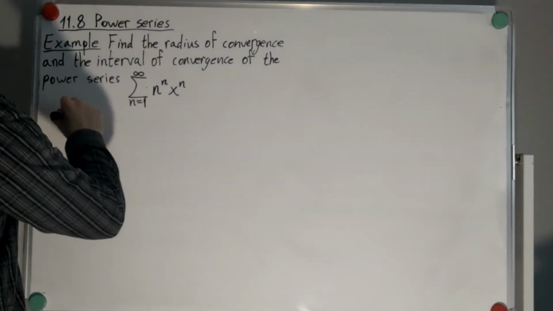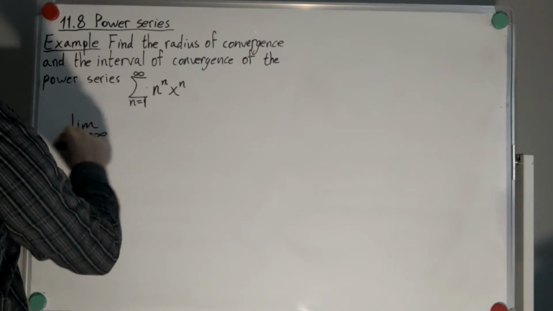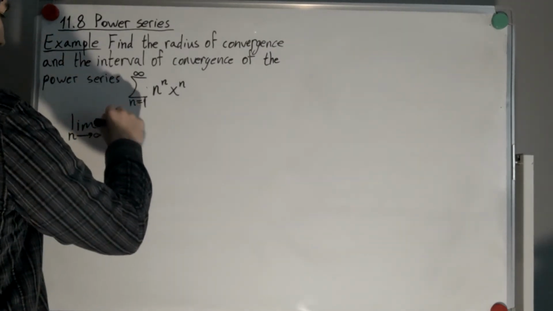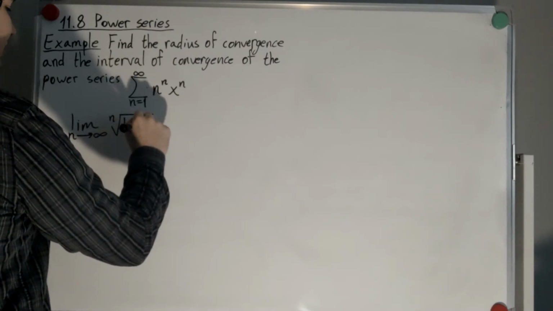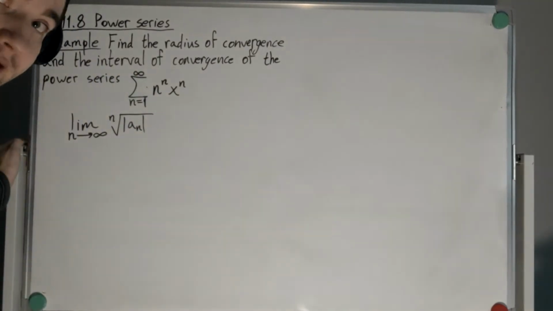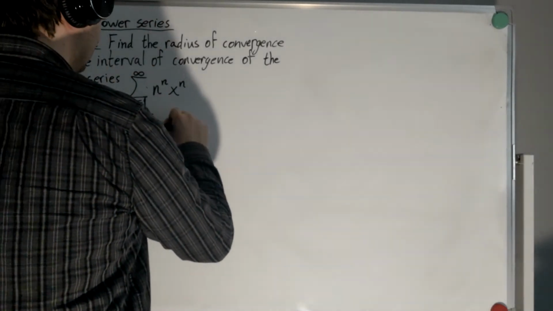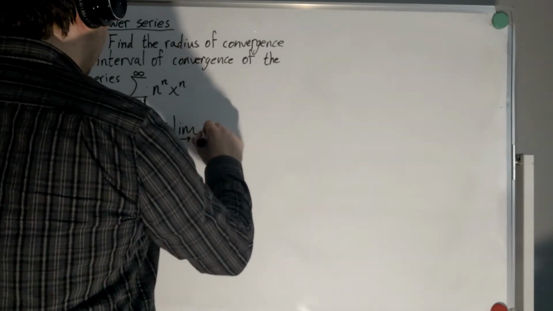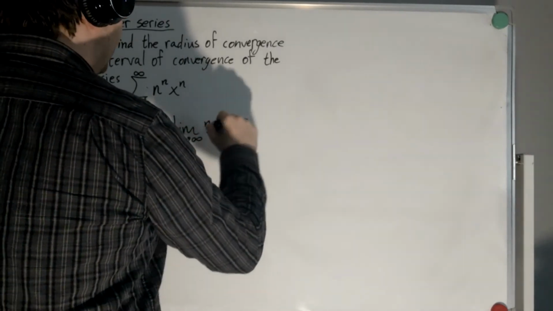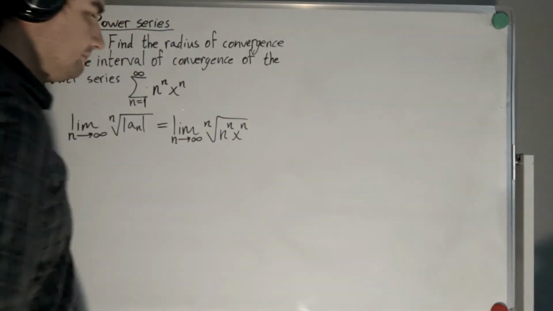Yes, this one is actually better done by the root test. So we're going to take the limit as n approaches infinity of the nth root of the absolute value of the nth term. In our case, that's going to be the limit as n approaches infinity of the nth root of n^n x^n.